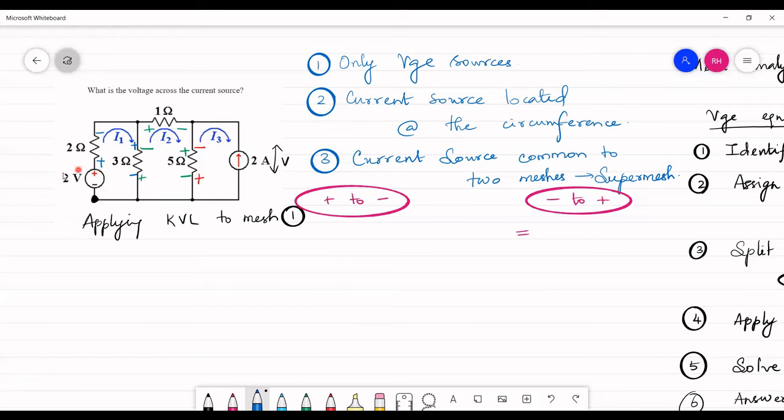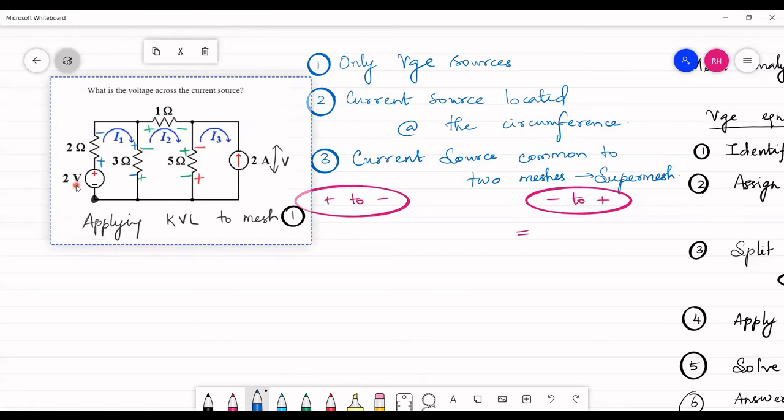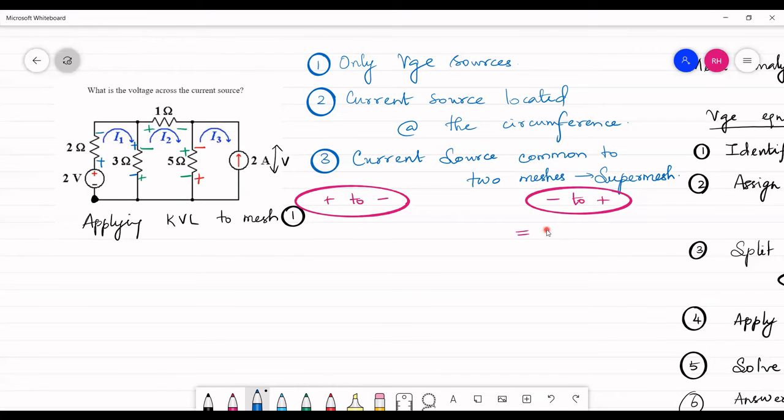Minus to plus, I see a voltage of 2. And then I proceed. I have crossed this voltage source. Now I travel from plus to minus, and the value of the voltage drop across this 2 ohm resistor is I into R, where the current is I1.